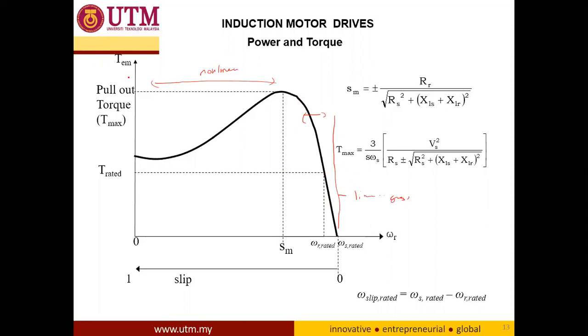so this is the torque produced by the motor, and this is the speed of the motor, where the speed is 0, and this is the synchronous speed, when your omega r is equal to synchronous speed.